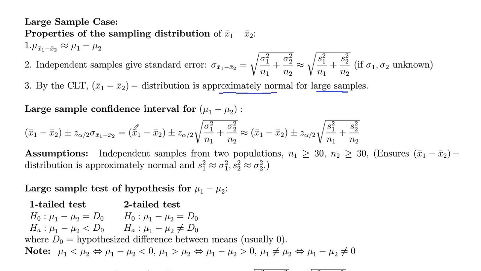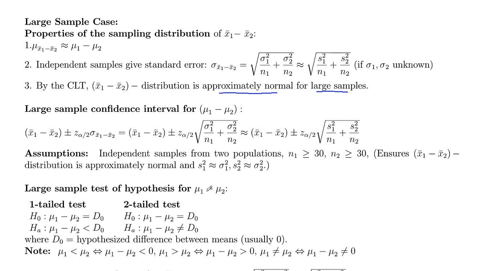We plug in the formula here for the standard deviation of the sampling distribution. And again, if you don't know sigma 1 and sigma 2, you can use S1 and S2. But again, it's point estimate plus or minus z value times standard deviation.